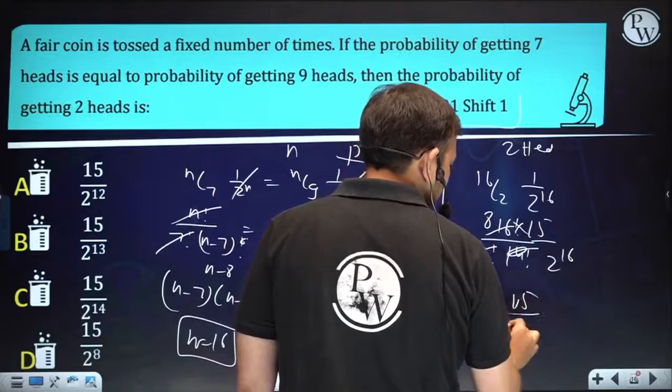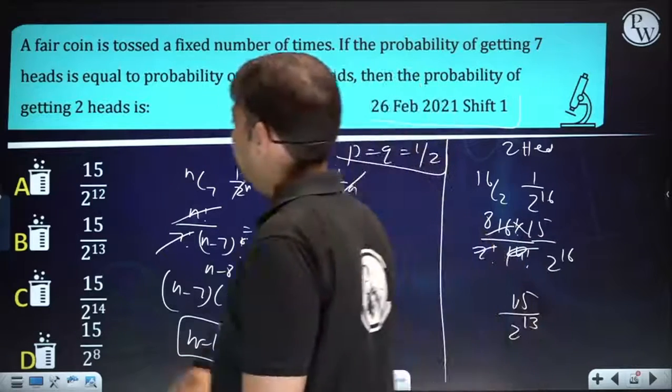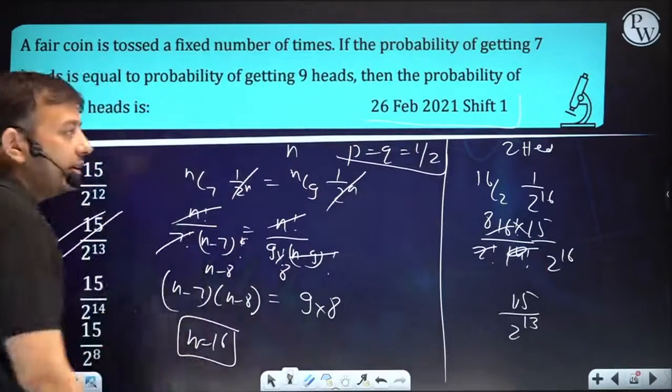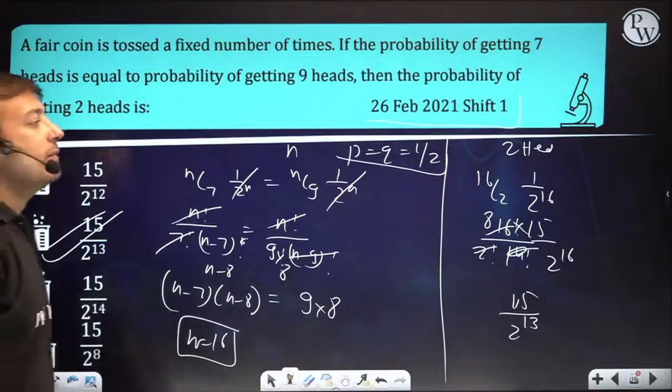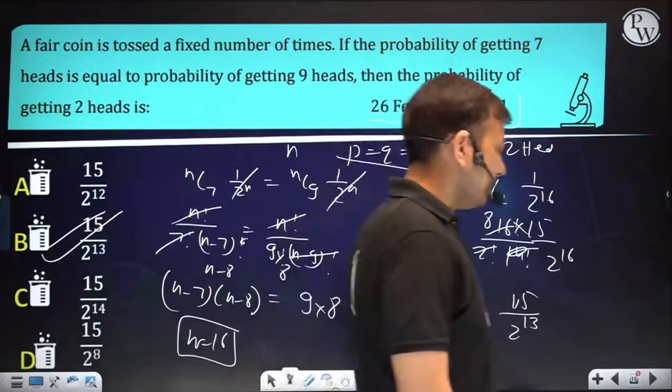So 15 by 2 to the power 13. B option. In this way, sir, 2021. See, last year itself, questions will come very easy. You can easily solve them.